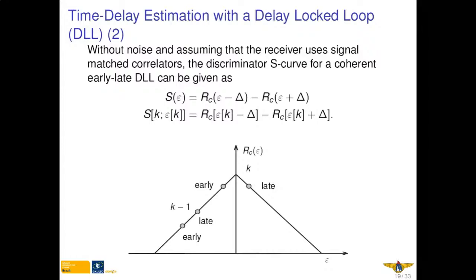Then the DLL will drive us in the next step closer to the peak, and finally to the peak of this autocorrelation or cross correlation function, where early needs to be left of the peak and the late correlation needs to be right of the peak. With this mechanism, the delay lock loop is tracking the signal over time.